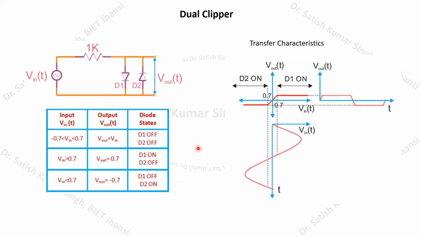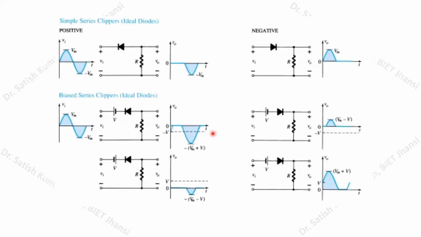Because we are clipping a certain portion of both the positive and negative cycles, this clipper is known as a dual clipper. In the books you will find different types of clipper circuits, like positive clipper, biased series clipper, negative clippers, biased negative clippers, biased series negative clippers. So these are the different outputs that you can easily verify.